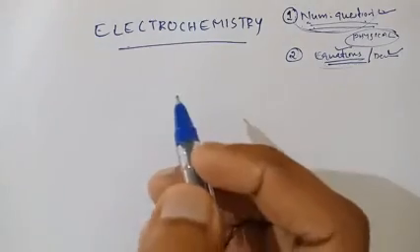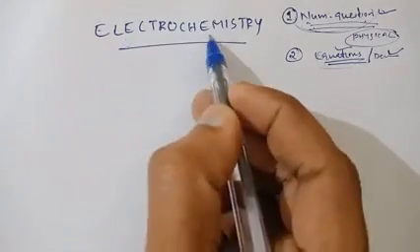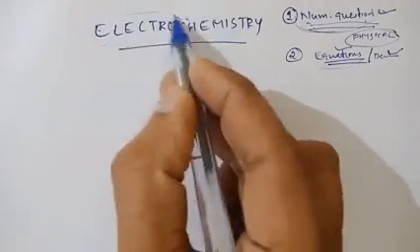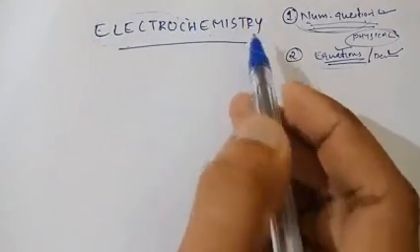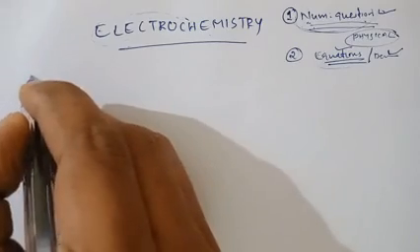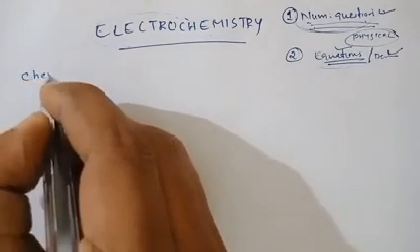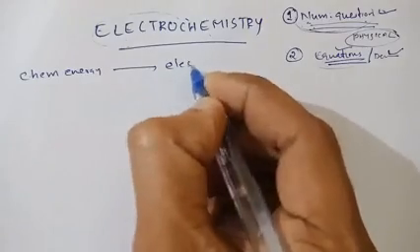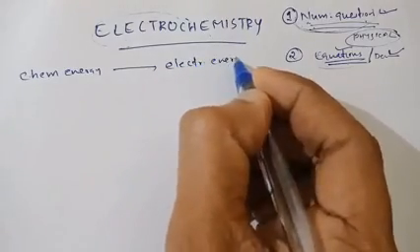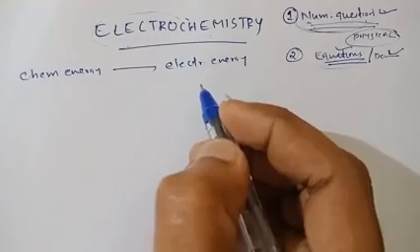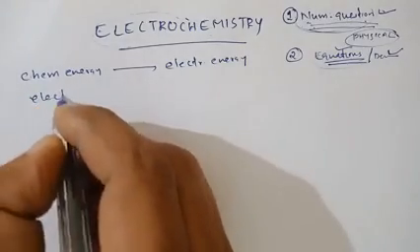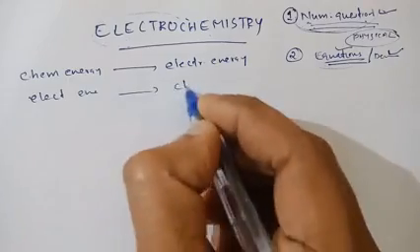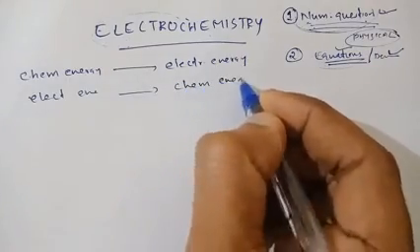Okay, so what is meant by electrochemistry? The words electro and chemistry are there. So here we can convert chemical energy into electrical energy. Clear? Similarly, electrical energy can be converted into chemical energy.